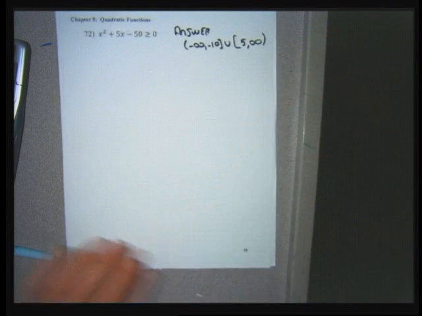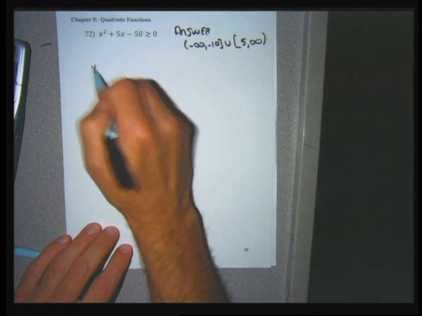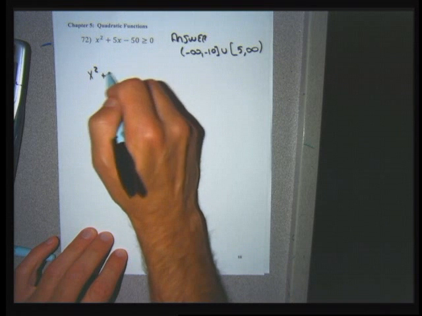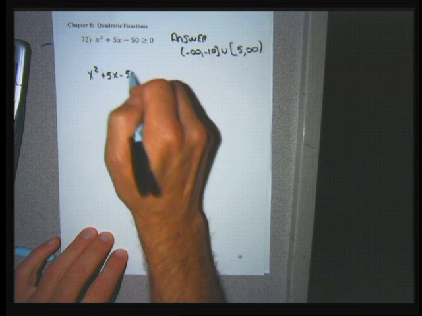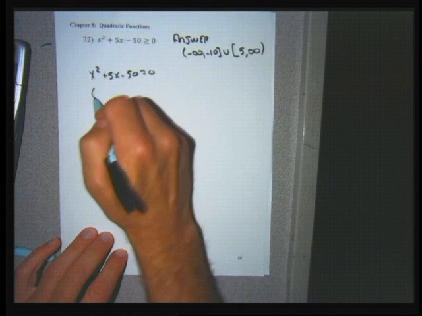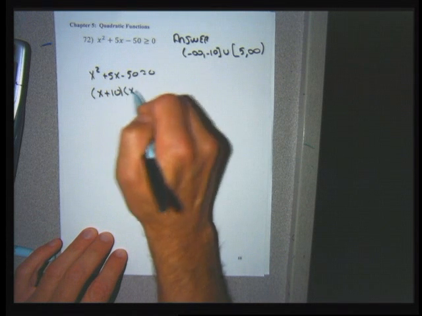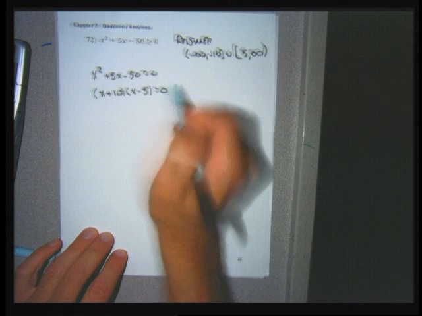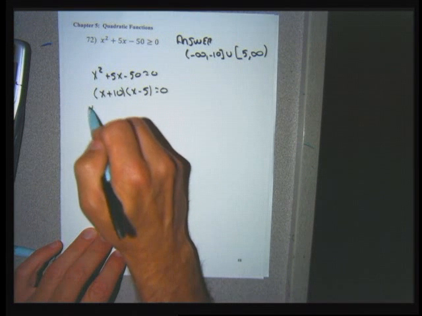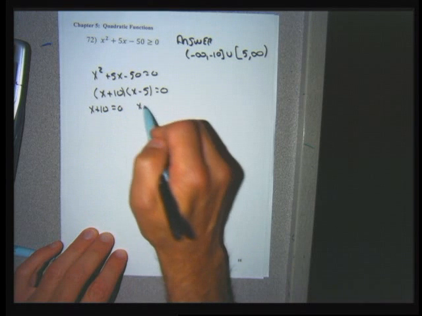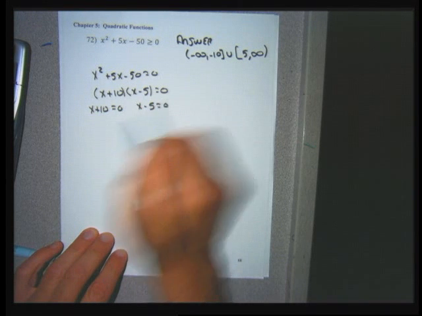And let me do it full out for you. So first step, I go x squared plus 5x minus 50 equals 0. This factors into x plus 10 times x minus 5 equals 0. Then I do x plus 10 equal to 0, x minus 5 equal to 0.